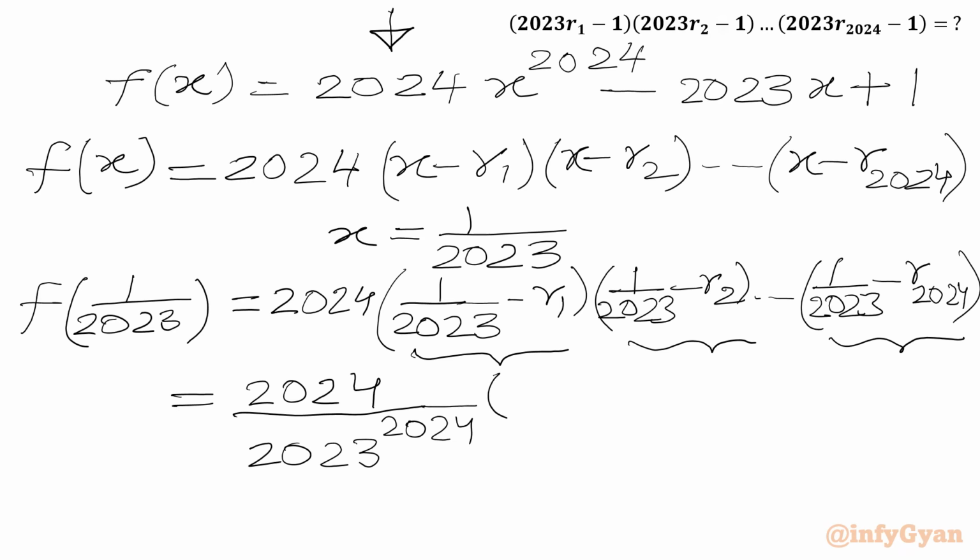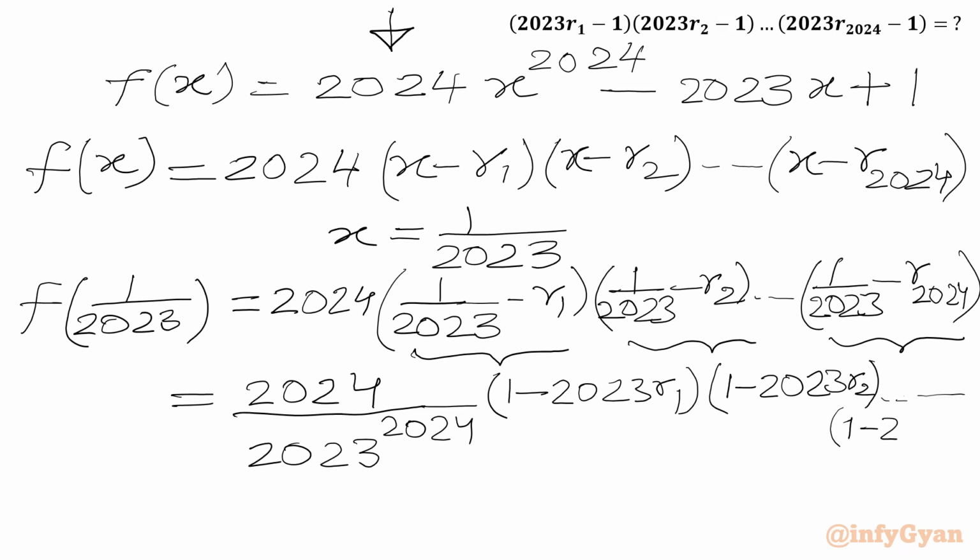Then there will be 1 minus 2023 R1 times 1 minus 2023 R2 dot dot dot. The last bracket would be 1 minus 2023 R 2024.